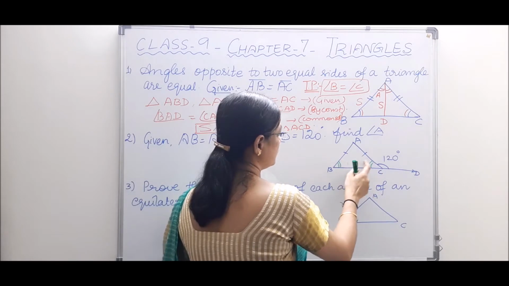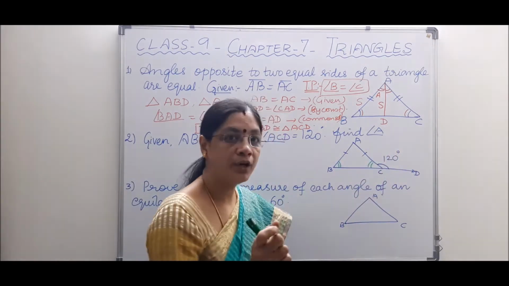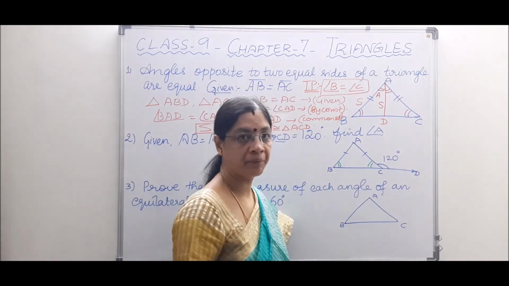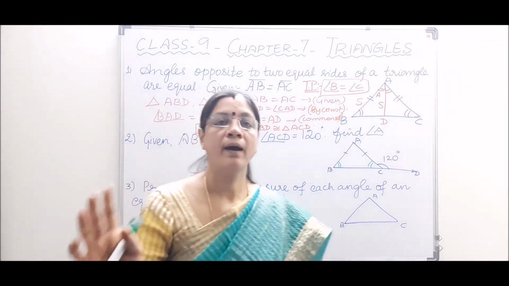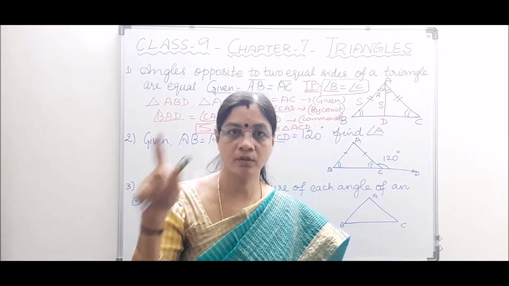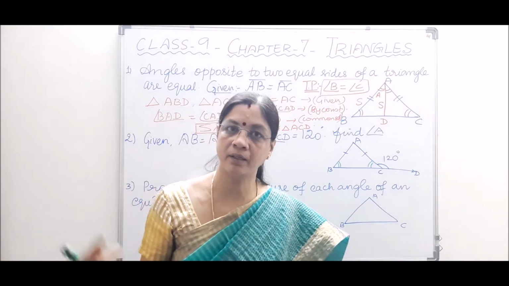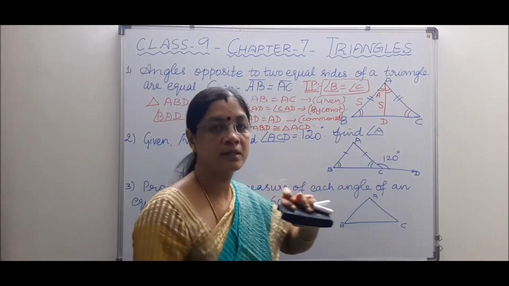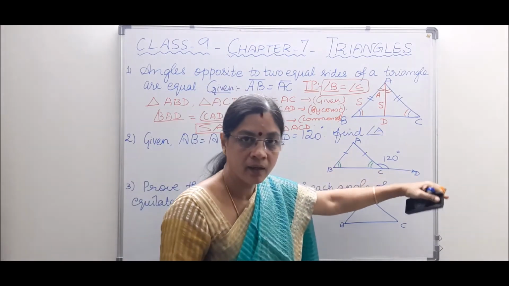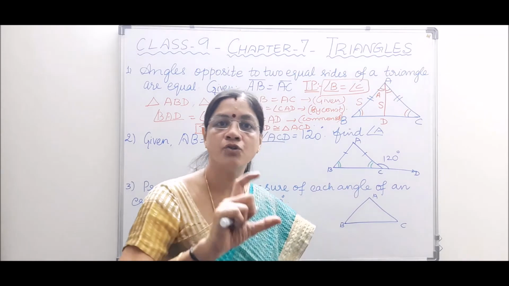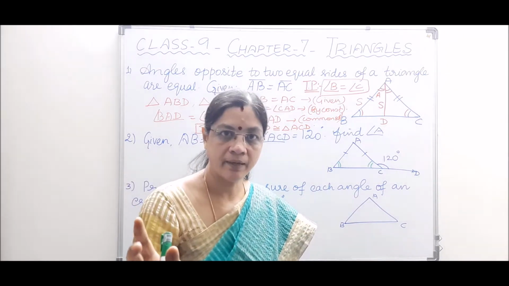Because see, we know these two angles are equal. If we know the measure of this angle, then we'll be able to find the measure of angle A according to the angle sum property, because we know the sum of all angles in a triangle is 180 degrees. So we just need to find this angle. This is very easy because this is in a straight line. In a straight line, two adjacent angles form a linear pair, we know.